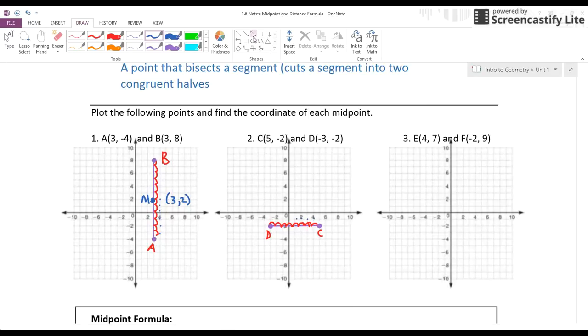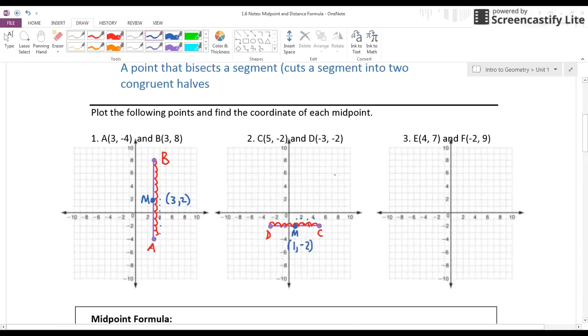Then I know my midpoint of CD should be right here. Again, I'm going to call it M for midpoint, but you can call it whatever you like. This is M, and I'm writing my coordinates for M, (1, -2).